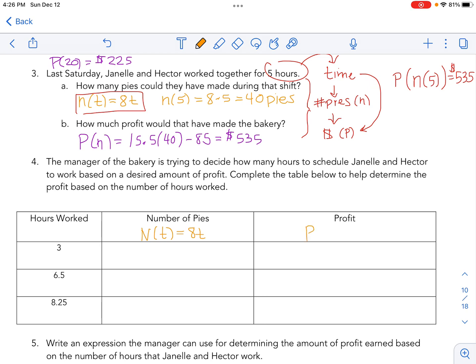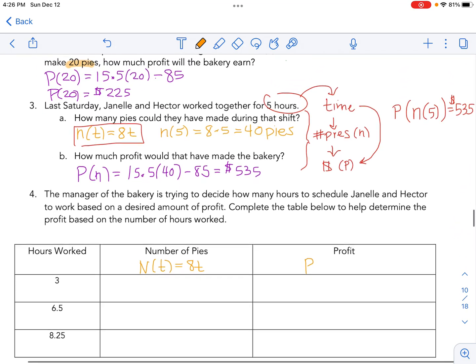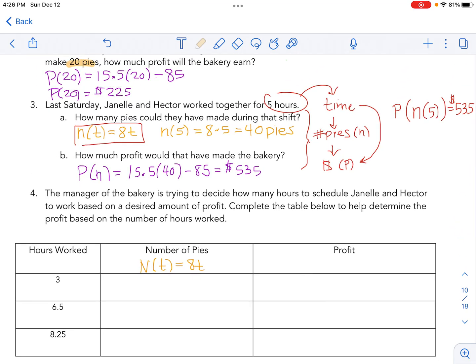And we know the profit is going to be, whoops, what was profit? Profit was purple. Let me get the right color there. We know the profit, which is based on the number of pies they make.